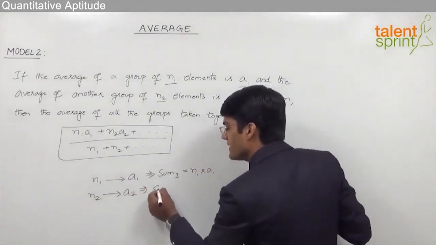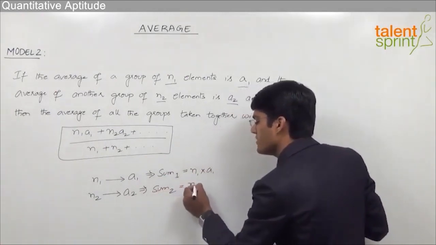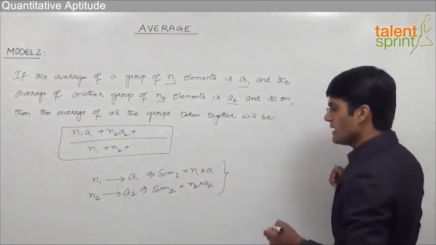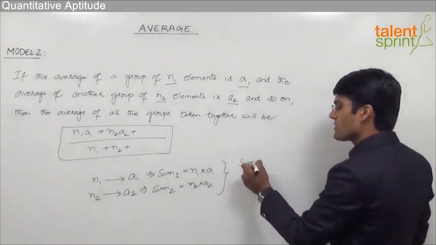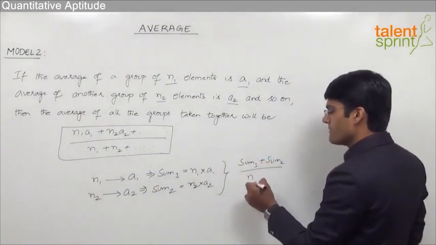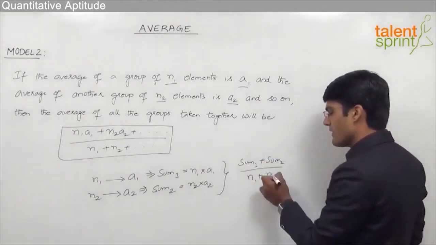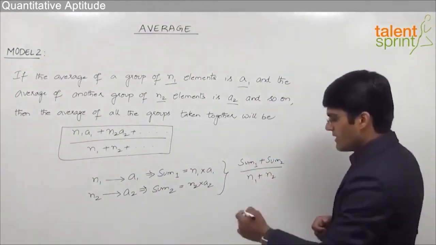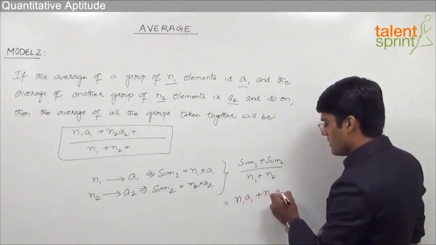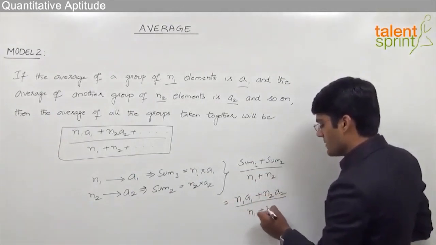Similarly, the sum of the second group should be equal to n2 into a2. And the combined average for both the groups together should be equal to sum of the first group plus sum of the second group divided by number of elements in the first group, that is n1, plus number of elements in the second group, that is n2. So this can be taken as n1a1 plus n2a2 divided by n1 plus n2.